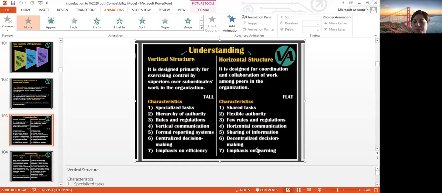Okay, so emphasis on learning. If in vertical structure the focus is on efficiency, making sure that all of the effort will not be put to waste, accomplishing the job without wasting any resources, here in horizontal structure it is allowed, though not necessarily that you're going to keep on wasting materials.